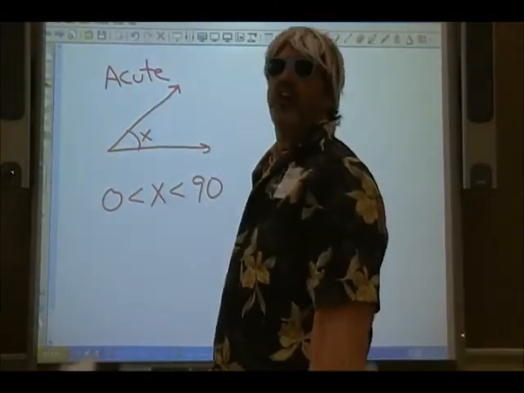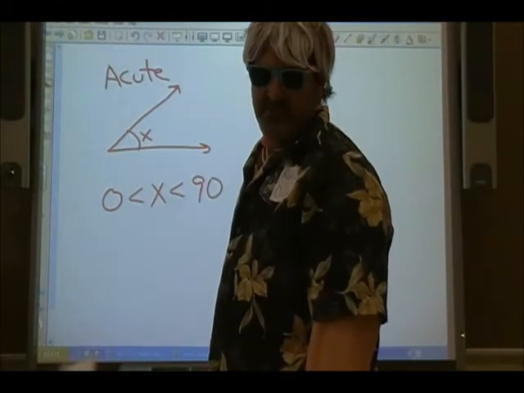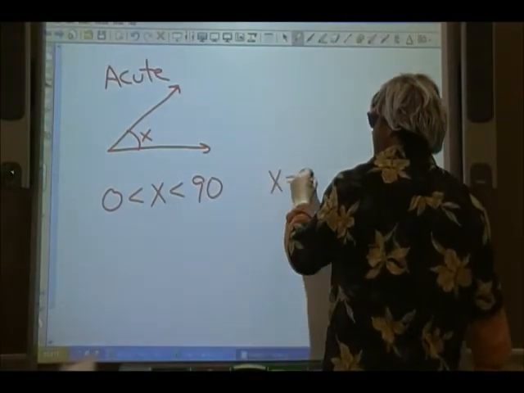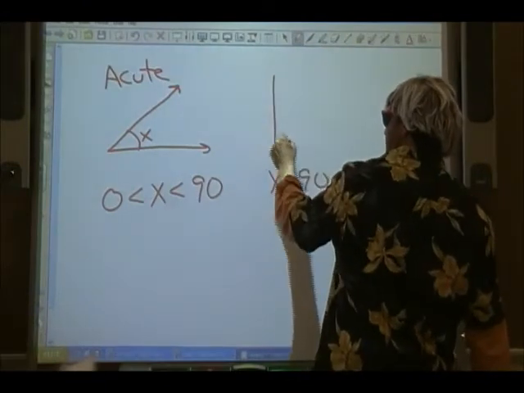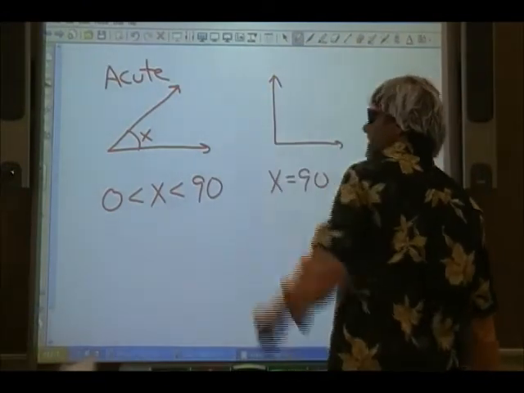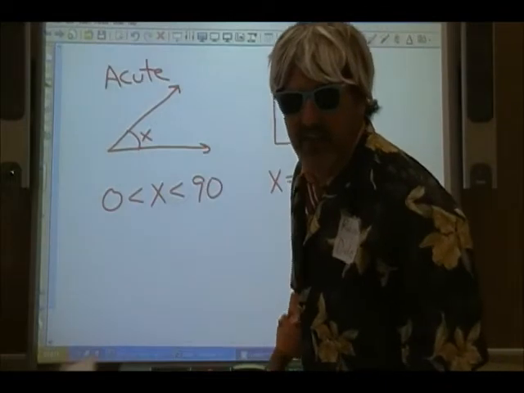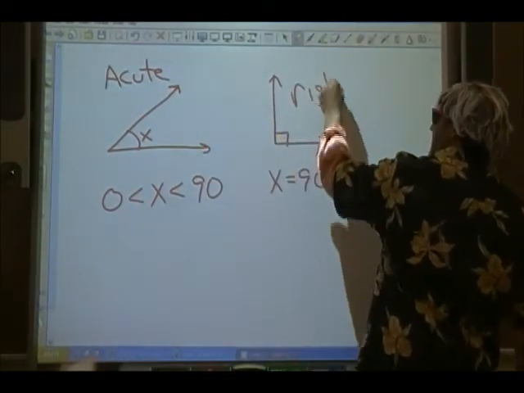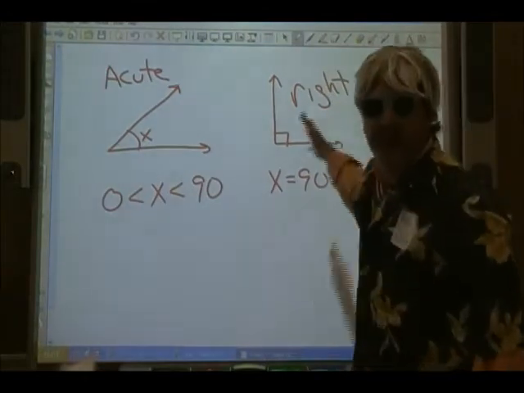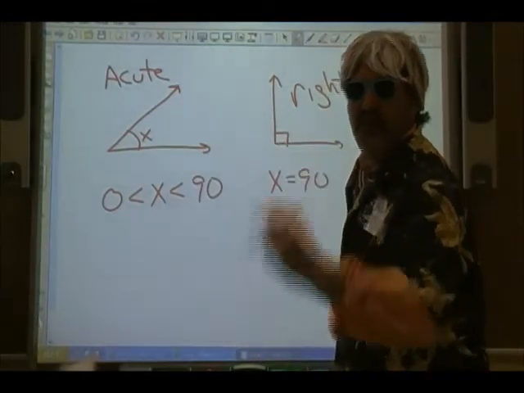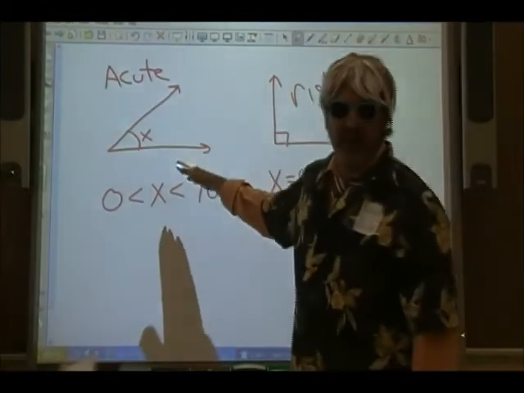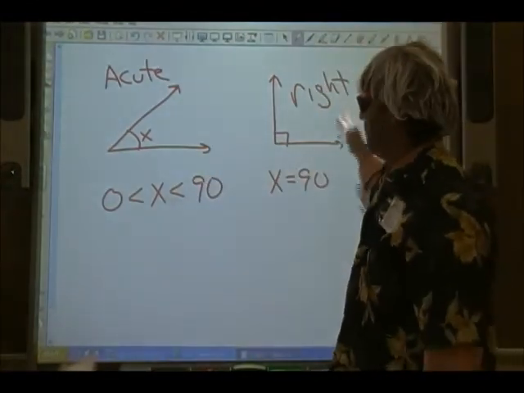That is called acute. If the x is 90, then this angle is, I never liked the name, it's called a right angle. Very biased for people that are writing with their left. So you have an acute angle and a right angle.